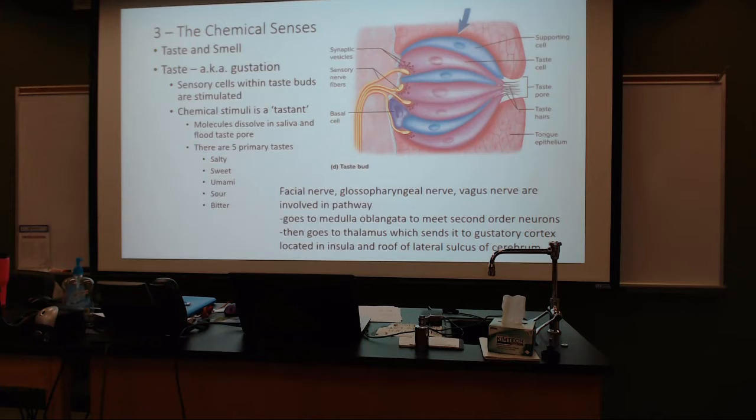When we look at the tongue, one of the things about the tongue is that it's going to have areas on it. And each area, I think your textbook or your lab manual will have a representation of where the tastes are found on the tongue.